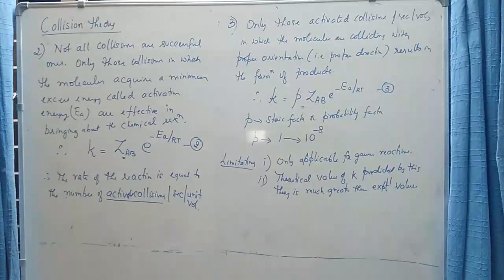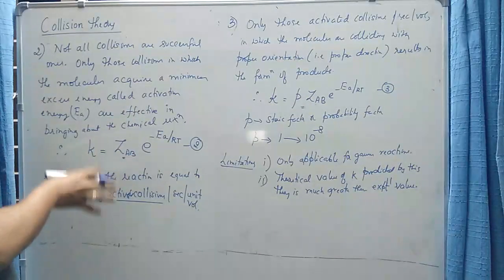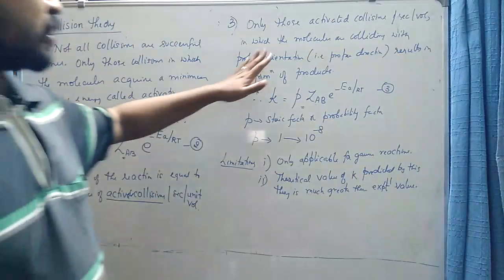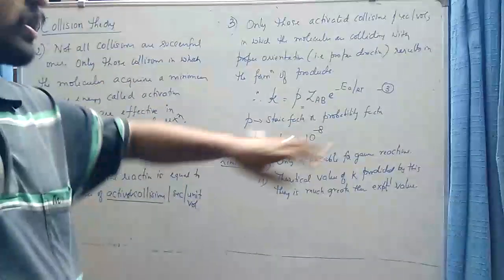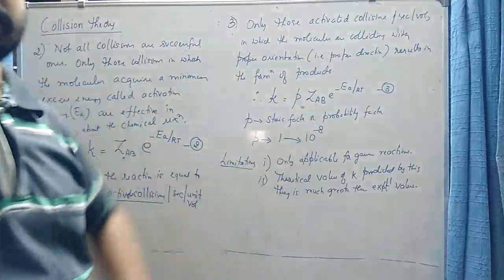A lot of effort was put into reducing the value of K. In the earlier equation 1, it was assumed that K is equal to ZAB, and a very high value of K was obtained. So attempts were made to reduce the value of K by multiplying it by this Arrhenius factor, but it still yielded a much higher value of K. Further attempts were made to reduce the value of K by multiplying this activated collision by the probability factor.